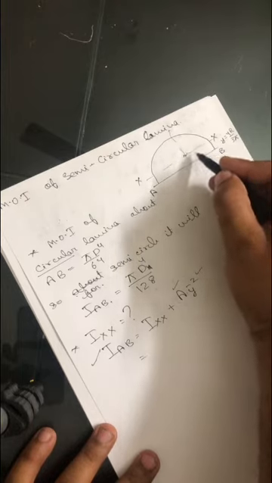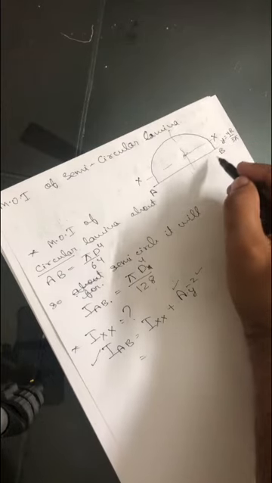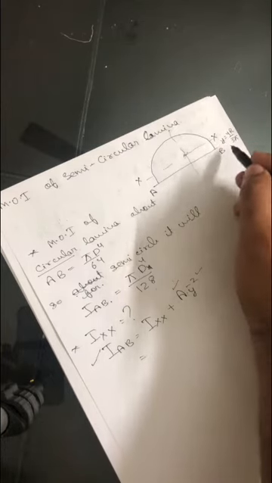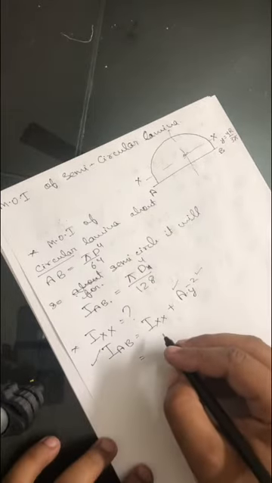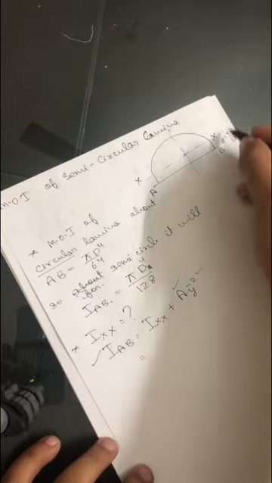We have learnt earlier how far the centroid is from the diameter AB, that is 4r by 3 pi.